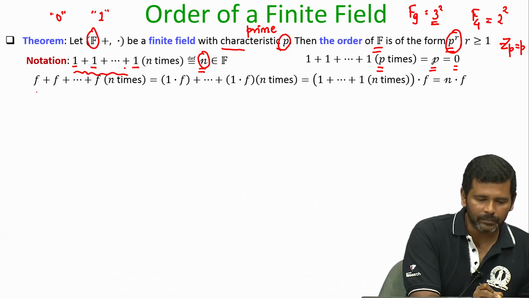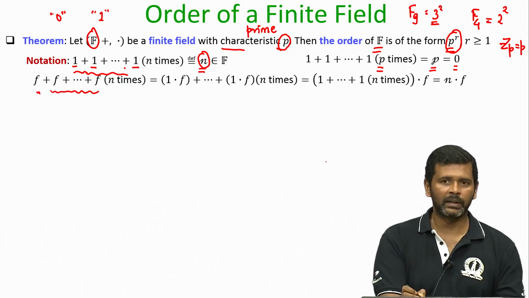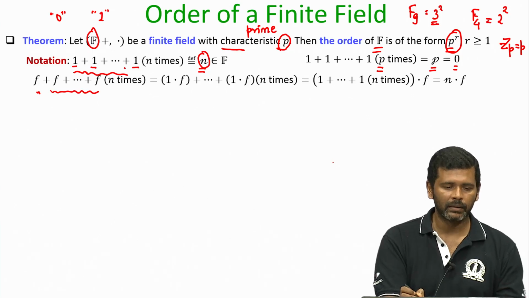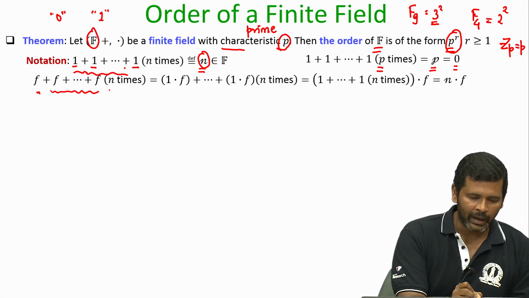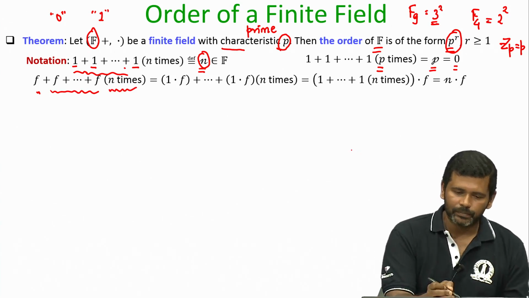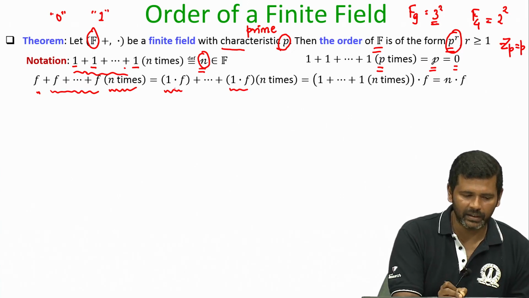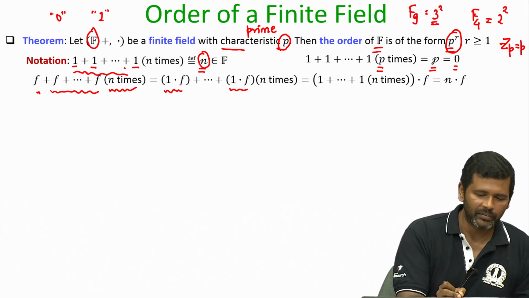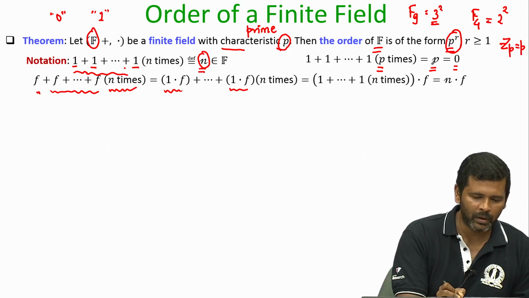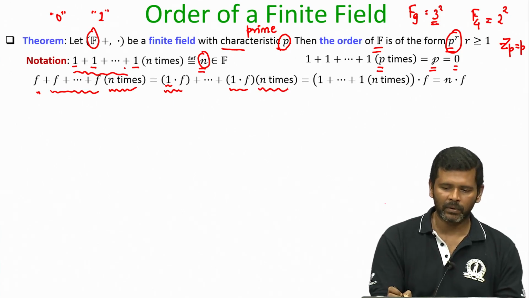In the same way, if I take any arbitrary element f from the field and add f to itself n number of times, I can obtain the same result by saying that each of these f's can be replaced by the product of 1 and f, because 1 is the multiplicative identity, and I am doing this n number of times.